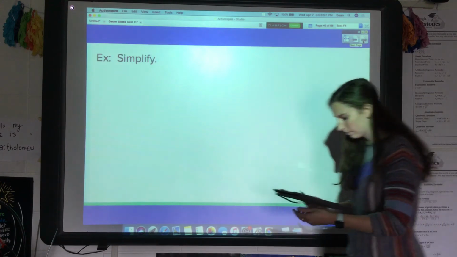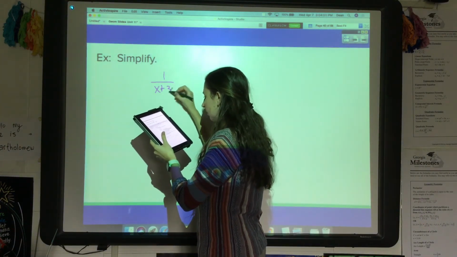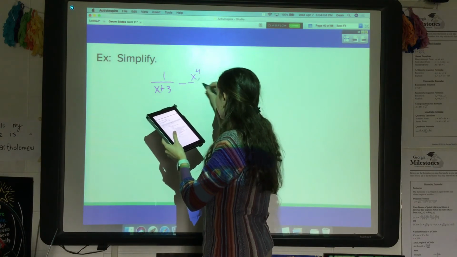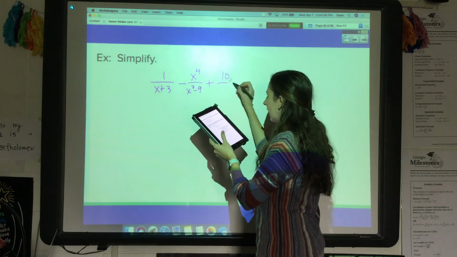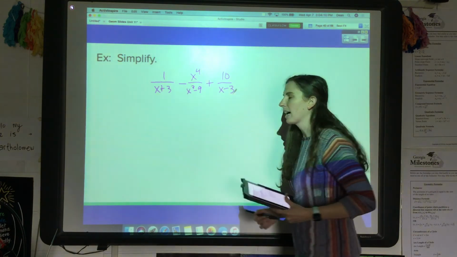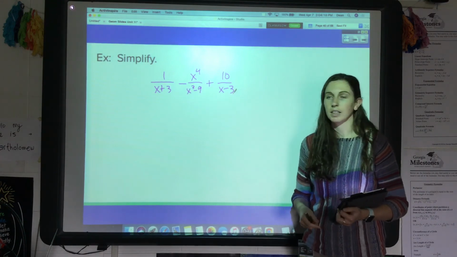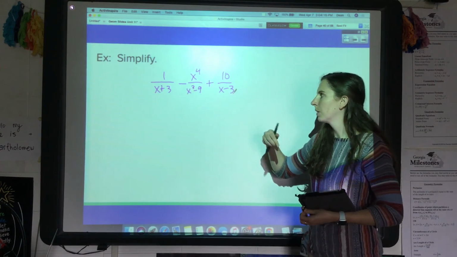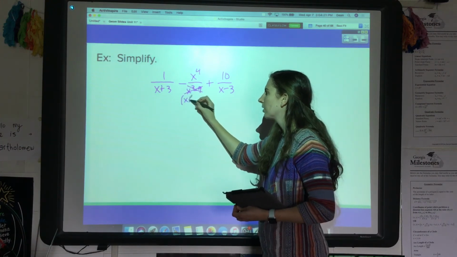All right, last one. Anytime you notice that something factors, you probably want to do that. This is going to factor, it's the difference of 2 squares. I can replace this with x plus 3, x minus 3.